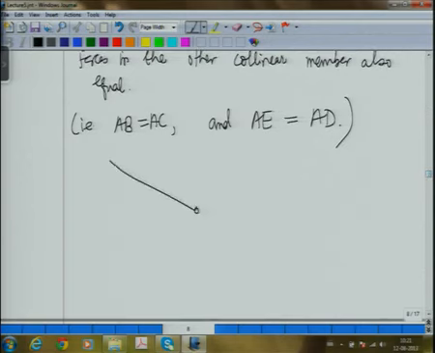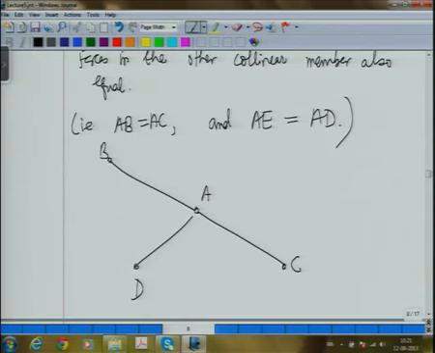Now, some corollaries from this. Suppose you have a truss connection like this. AB and AC are collinear members and they are connected to AD, which is not along either AB or AC, it is a third member.